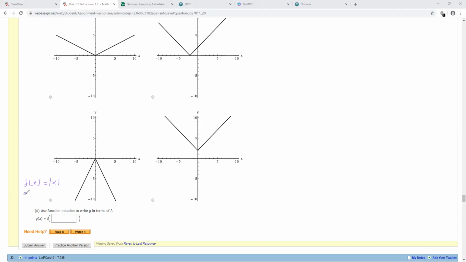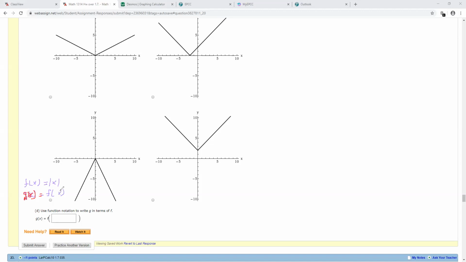Now, g of x, which is the brand new name, comes from the original parent function f, but instead of x, there's a change.